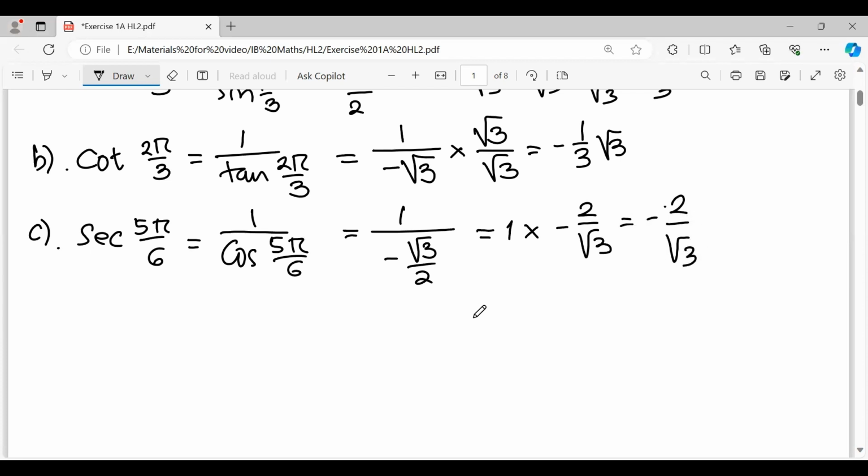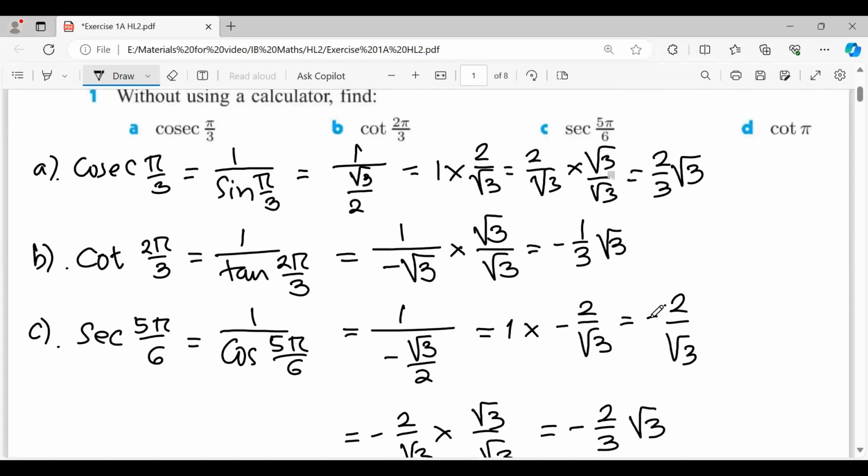Or if you would like to continue to simplify, it is minus 2 over √3 times √3 over √3, becomes minus 2/3 √3.